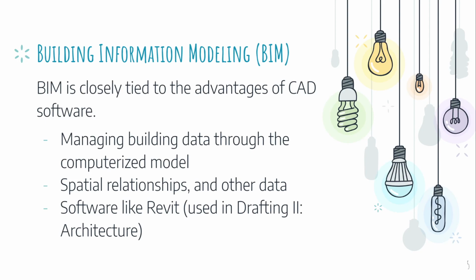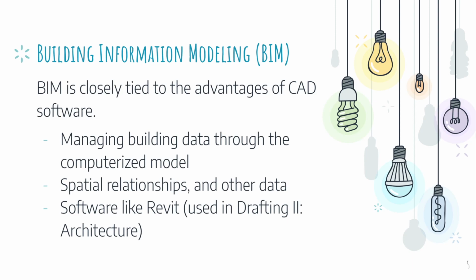Now, if we use CAM and CNC on that kind of manufacturing and production side, on the architecture side of things, we'll use what's called BIM, or Building Information Modeling. So BIM software creates a 3D parametric model, or a model that's based on specific conditions, that can manage a lot of different data related to the building.